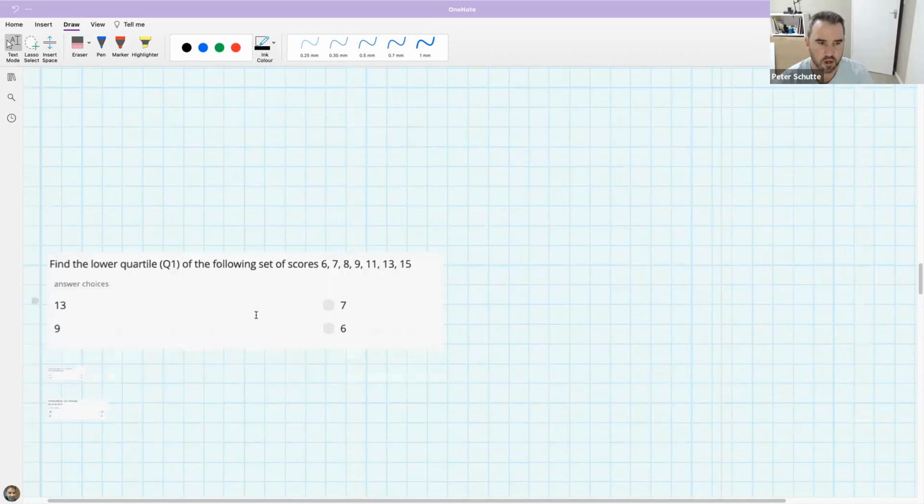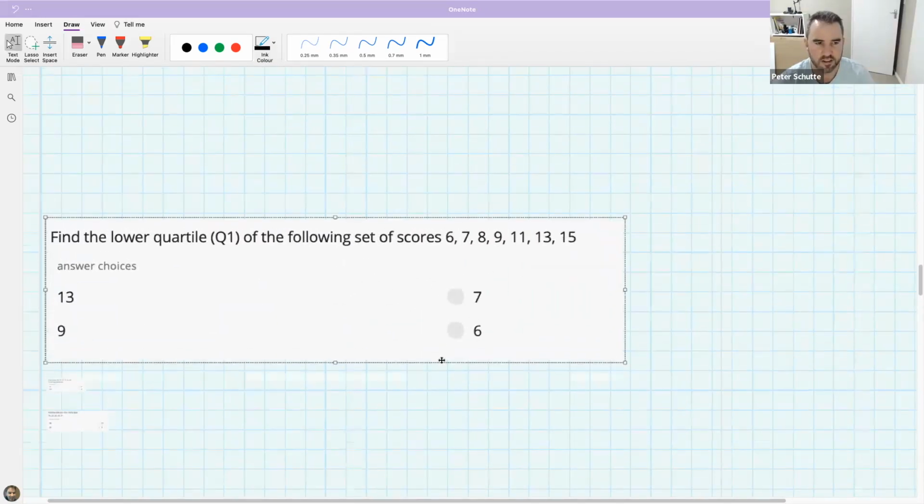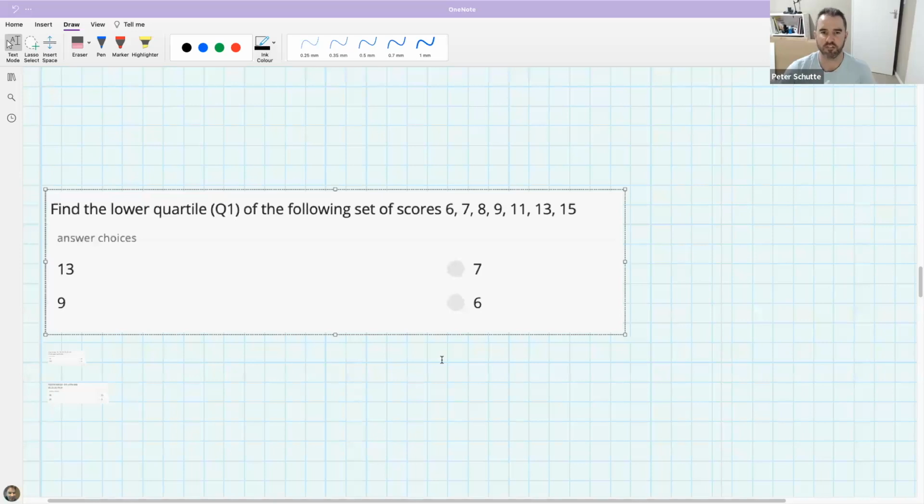Okay, well, how about this? Find the lower quartile of the following set of scores. Tell me which option you think is correct.